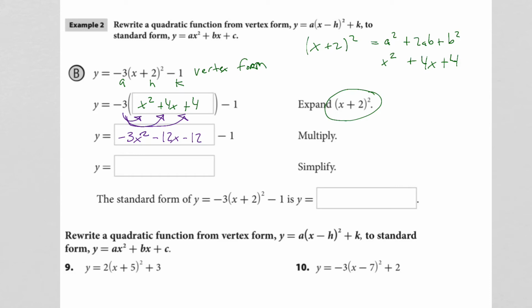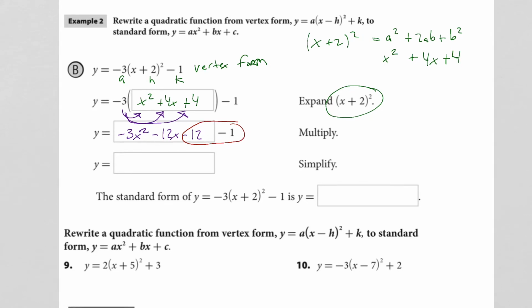So you can combine the minus 1 though, right, because they are like terms. And what is negative 12 and a negative 1? That's going to be negative 13. So your final standard form is negative 3x squared minus 12x minus 13. Or same thing here, negative 3x squared minus 12x minus 13.